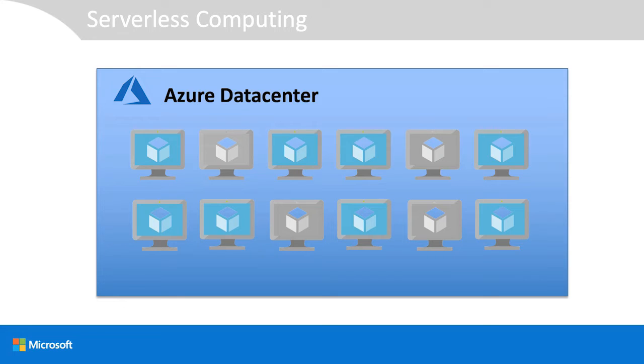And you can also use a service called Logic Apps, which is also serverless. And we'll talk about that also in Lesson 6. And Cognitive Services is another Azure service that is serverless, which allows you to take advantage of machine learning without having to explicitly allocate your own machine.